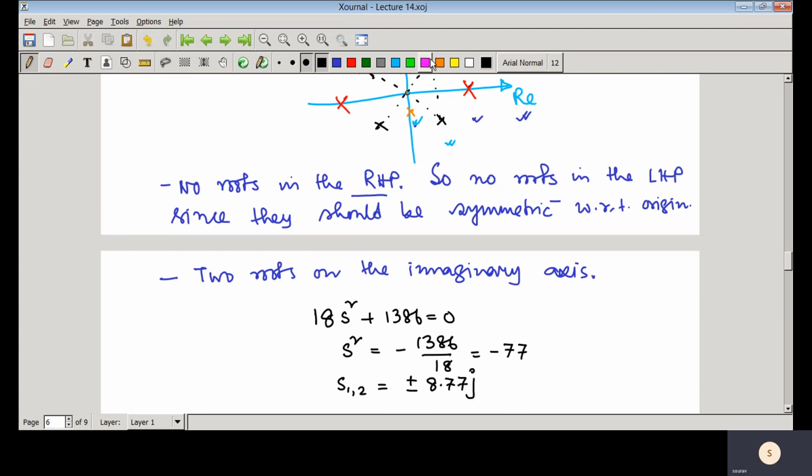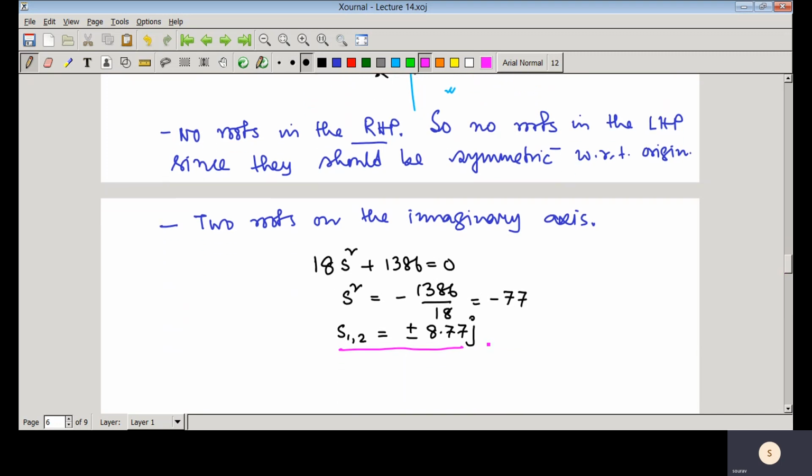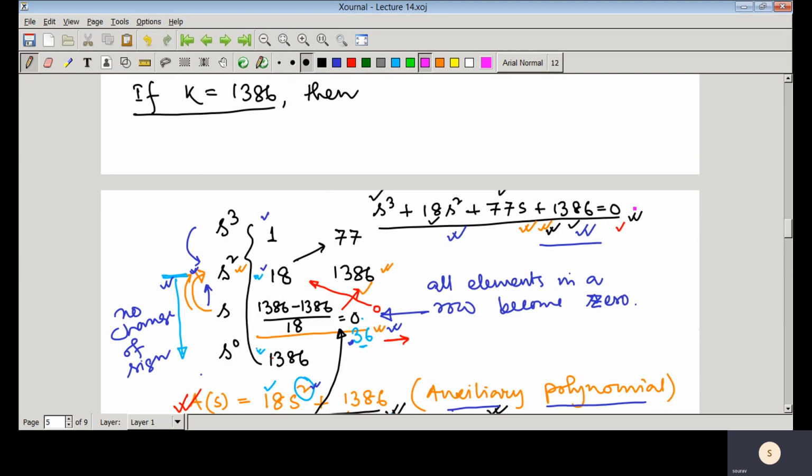So then you can see that two roots of this polynomial are on the imaginary axis, which is clear from the Routh table. And interestingly, these are also the two roots of the original polynomial.